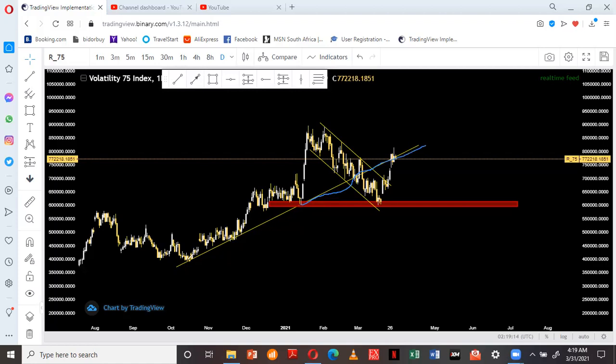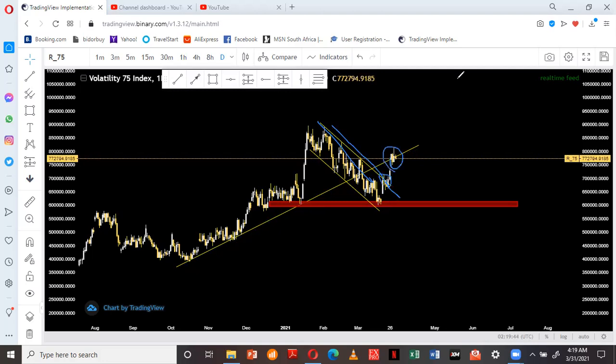We broke out of this trend line somewhere here. Now it came down here and found this support level, changed direction and broke out of this trend line. Then it broke out of this trend line again here. Now we approach this level here.